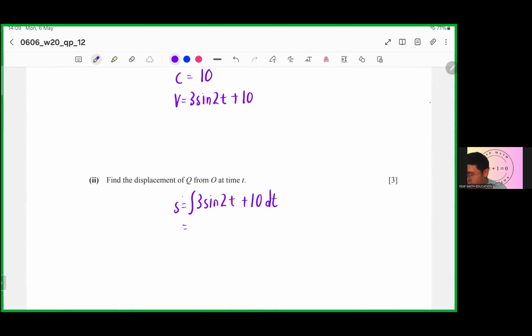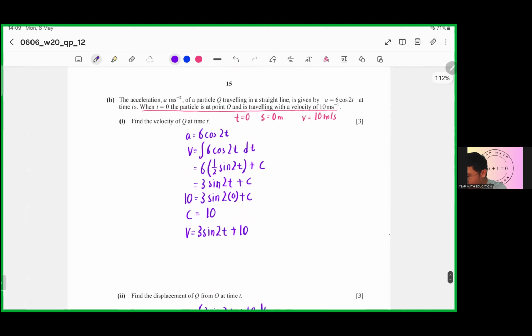Now we start to integrate: 3 times negative 1 over 2 cos 2t plus 10t, and then plus a constant.